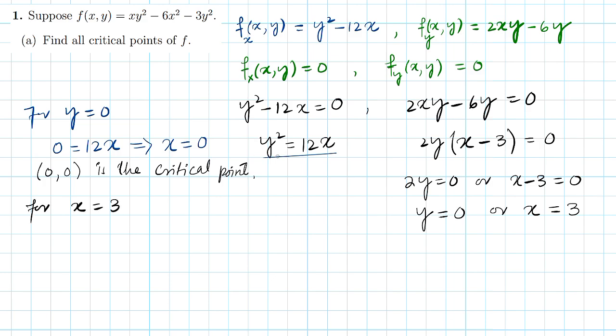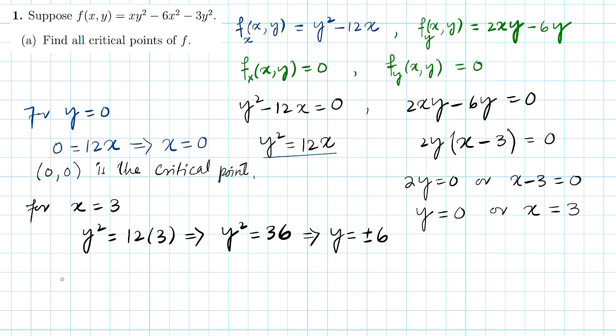The first equation again, y squared equals 12x, would become y squared equals 12 times 3, so y squared equals 36, and this implies that the values of y are plus or minus 6.